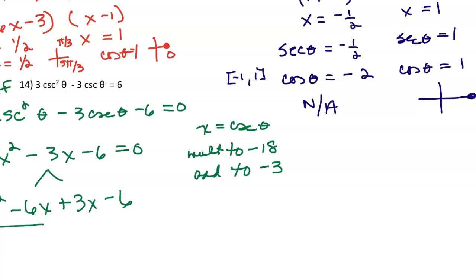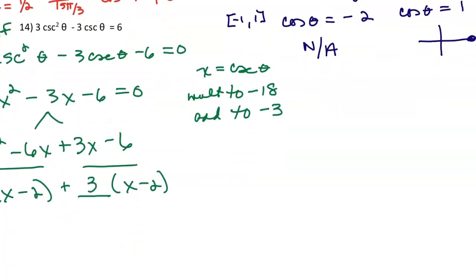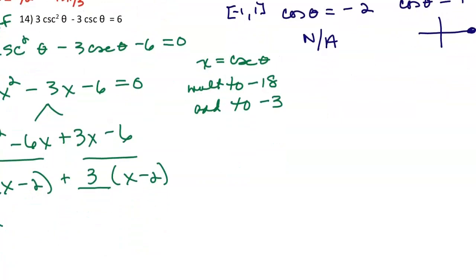Underline the first pair, give yourself a gap where you have your operation. Factor out what they have in common, 3x. This is x minus 2. Bring down that operation. Make that factor match. Think about what goes here. It's going to be a 3. Get your two factors, 3x plus 3, x minus 2.